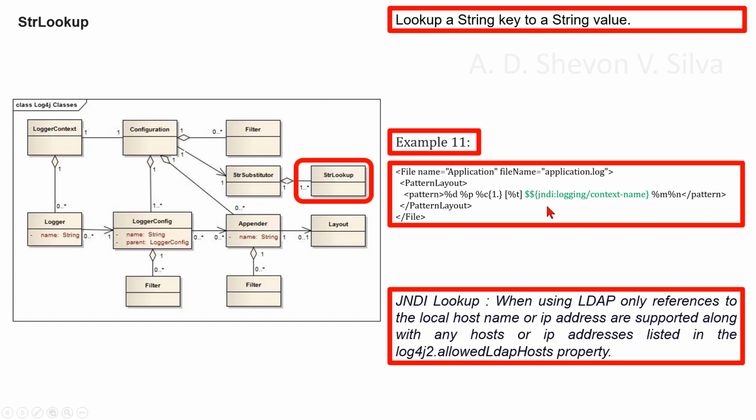When using LDAP, only references to the local hostname or IP address are supported, along with any host or IP addresses listed in the log4j2.allowedLdapHost property. Java's JNDI module is not available on Android.